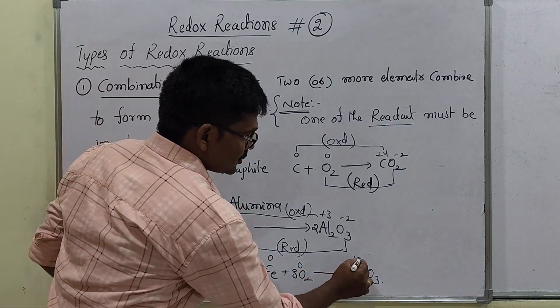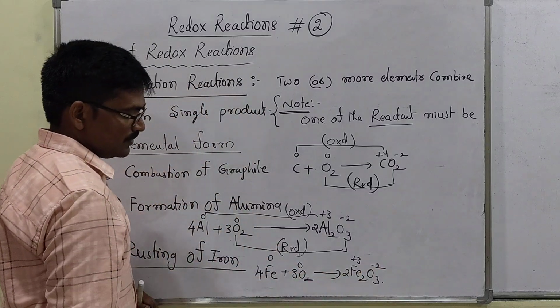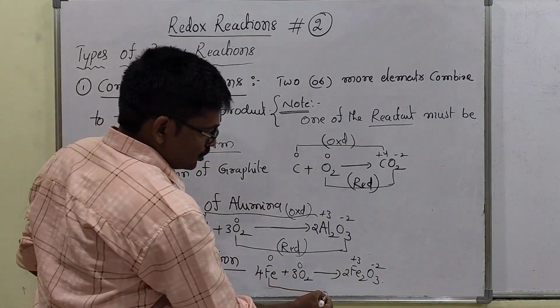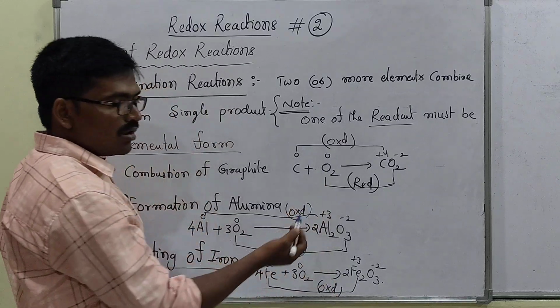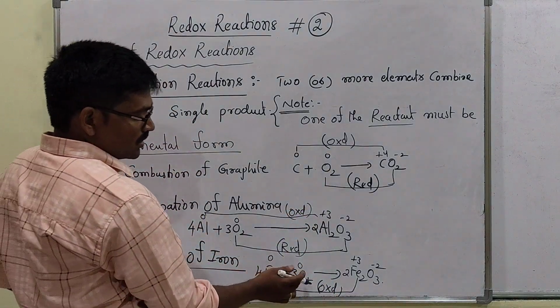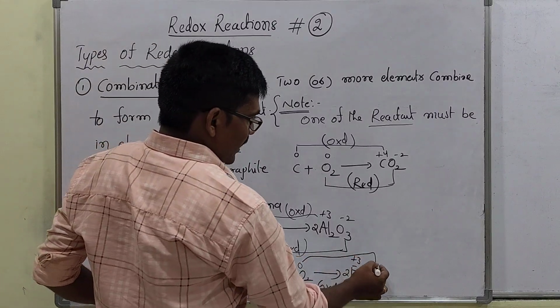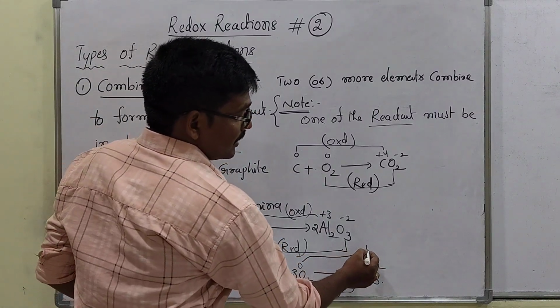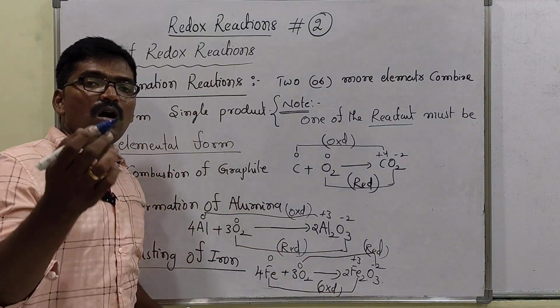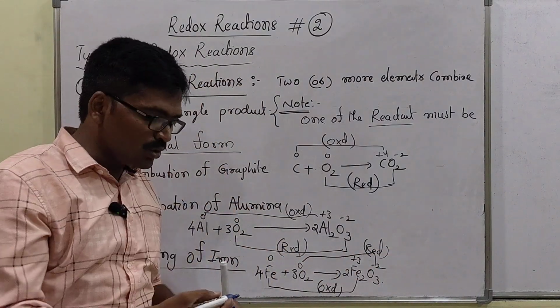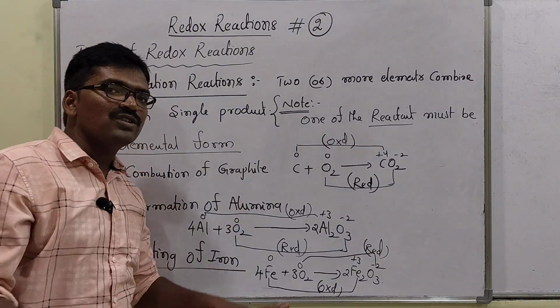Then in the product, +3 oxidation state for iron, -2 oxidation state for oxygen. Iron 0 to +3, oxidation number increases, so oxidation takes place. Oxygen 0 to -2, oxidation number decreases, reduction takes place. When oxidation and reduction happen in the same reaction, we call it a redox reaction.